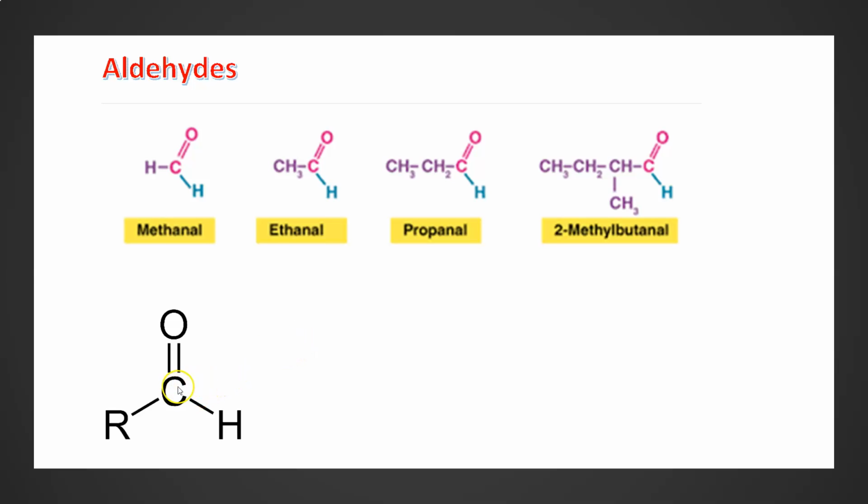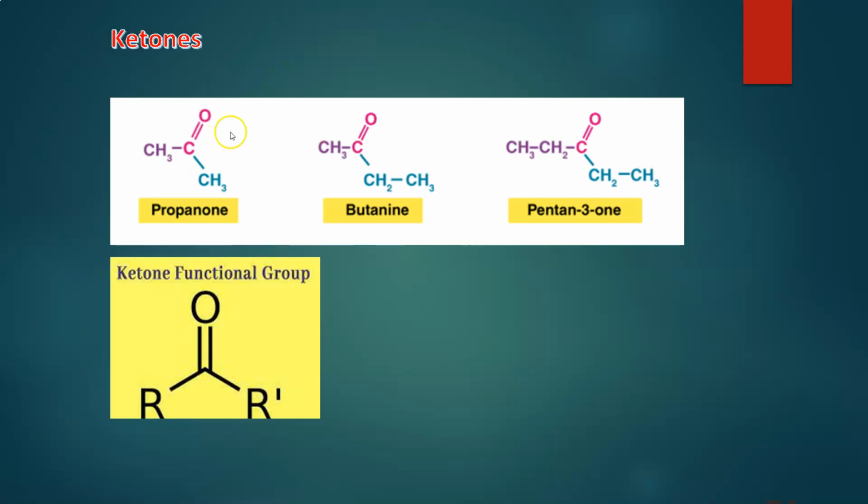As you can see, in aldehydes, one atom of carbon at the end of the chain has a double bond with oxygen and a single bond with hydrogen. This is characteristic of the aldehydes. In ketones, the carbon has a double bond with oxygen, but is bonded on both sides by two other carbons.